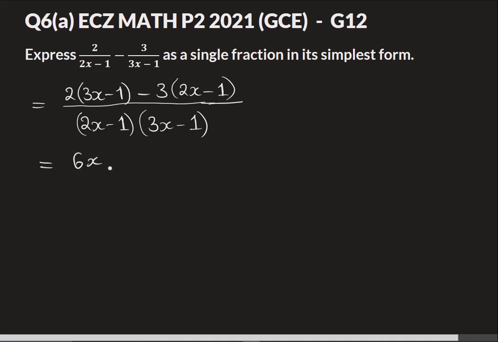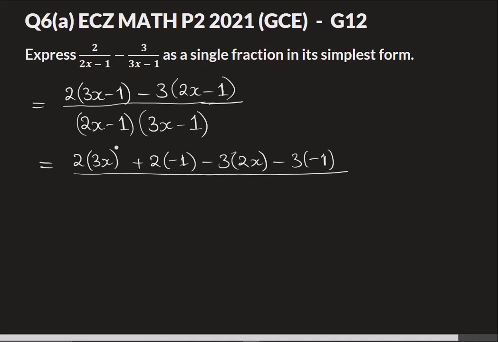In such cases, it's always a good idea that you write this step fully. For such, we have a plus 2 multiplied by negative 1 minus 3, 2x minus 3 multiplied by minus 1.